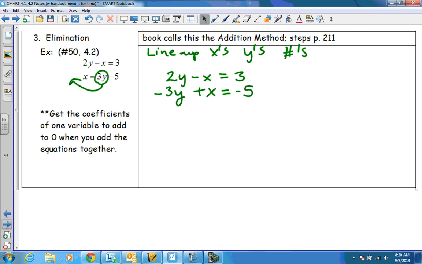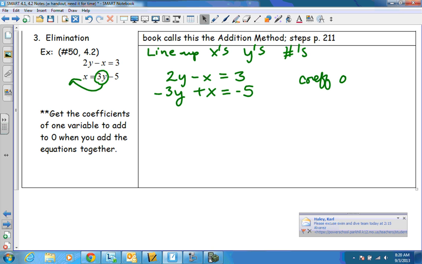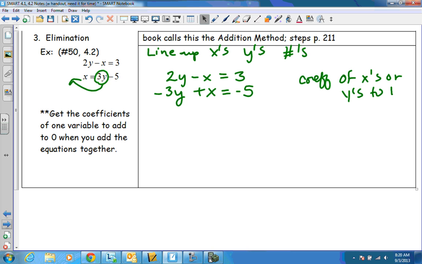Okay, once I get those, I need coefficients of x's or y's to be opposite.